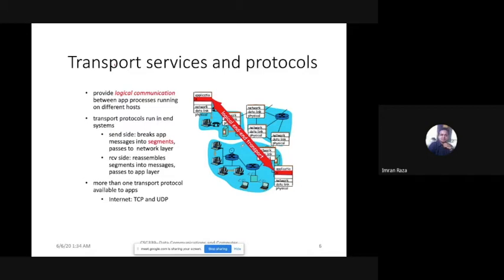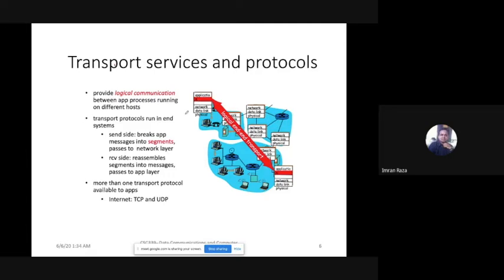So when an application has to transfer something to the other end, whatever is coming from the application layer is encapsulated into a segment at the transport layer.